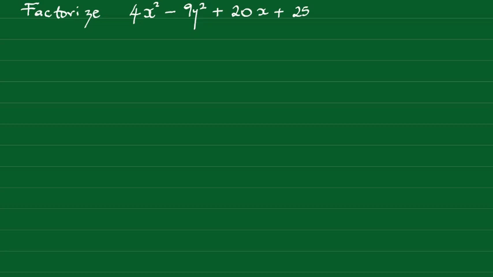We have this question from JAMB 2001, question 8, where we are asked to factorize 4x squared minus 9y squared plus 20x plus 25. Now, we'll dive into our question quickly by writing solution.